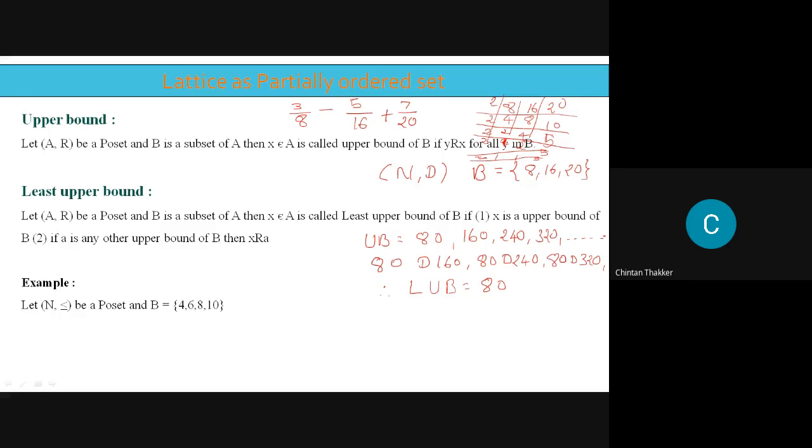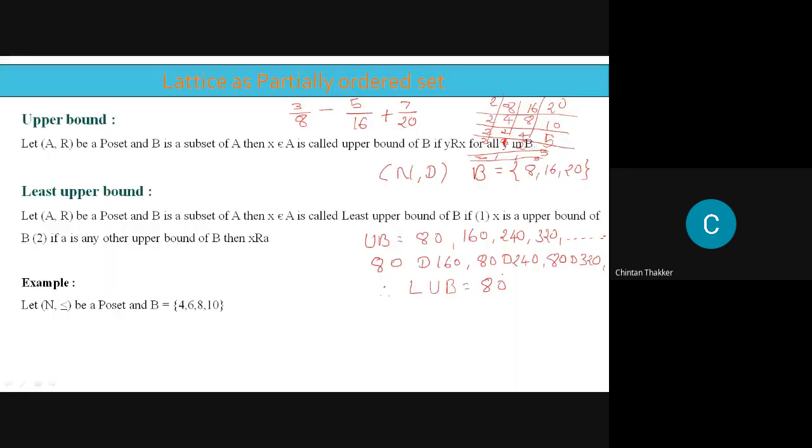So here we start with 10. 10 is greater than 4, means 4 is less than 10, 6 is less than 10, 8 is less than 10, and 10 itself is less than or equal to 10. Okay, we write 10 less than or equal to 10.